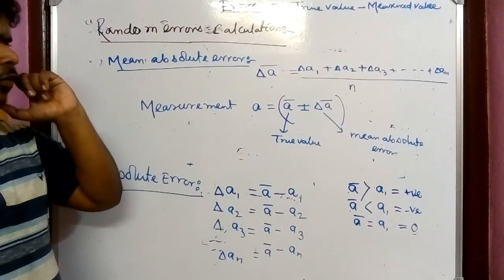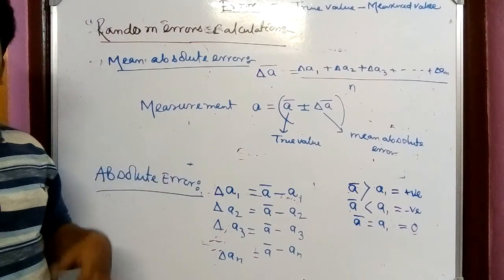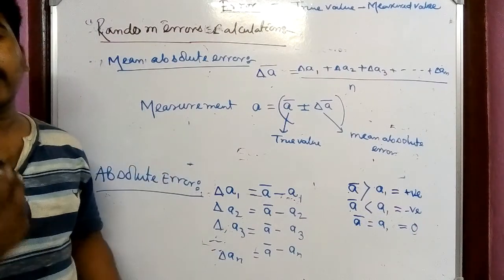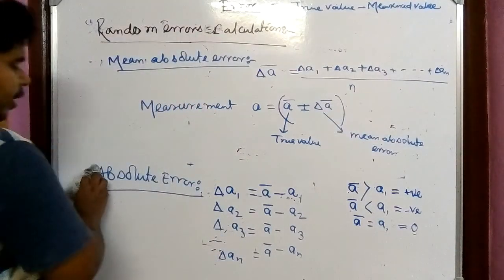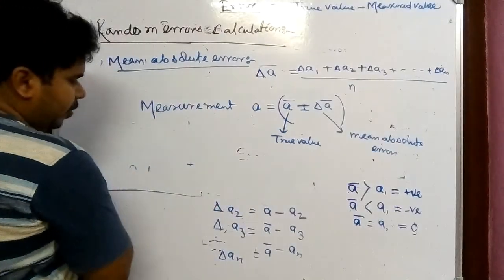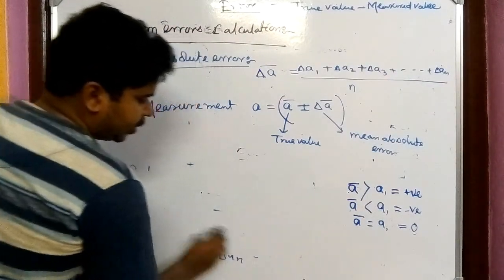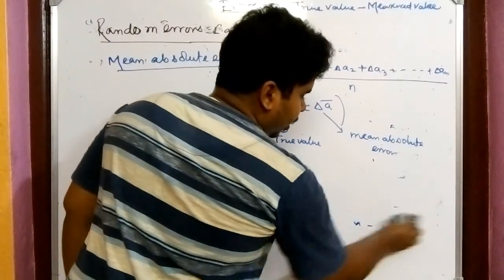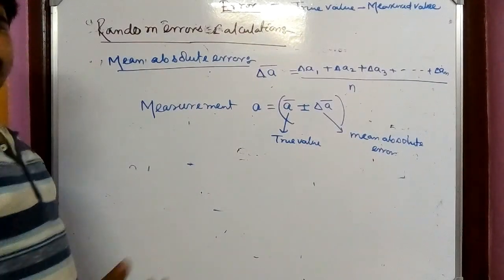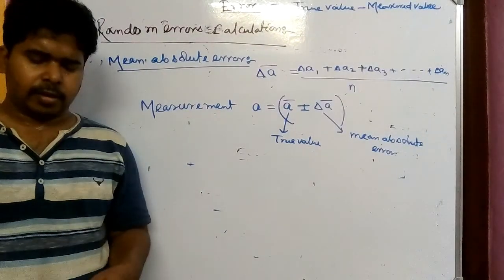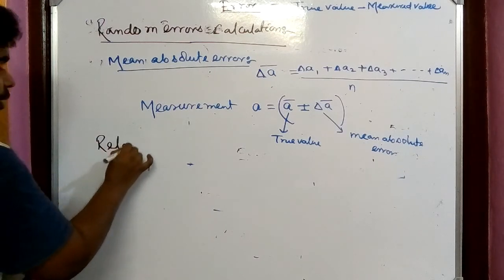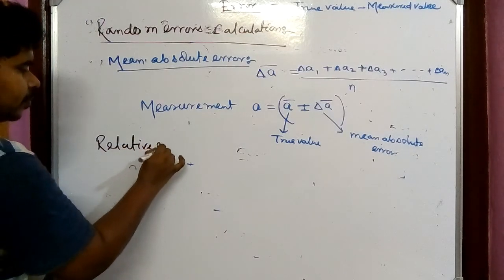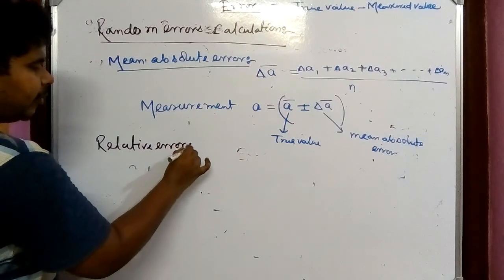Apart from this, we can also find the error in two different ways. You cannot say that it is two types. This is the same thing we have done earlier, but it is a kind of representation. We can represent the error in two different ways. The first one is known as relative error.